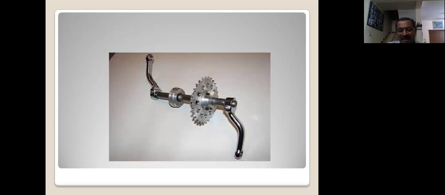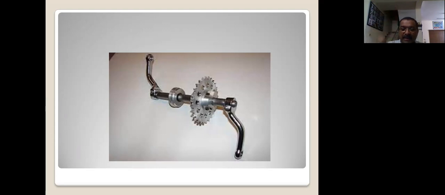So here, let us concentrate on how we are pedaling a cycle. While pedaling, let us concentrate on your leg from the knee to the pedal.